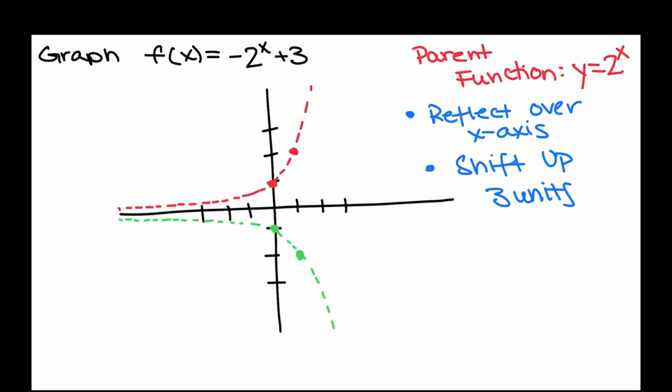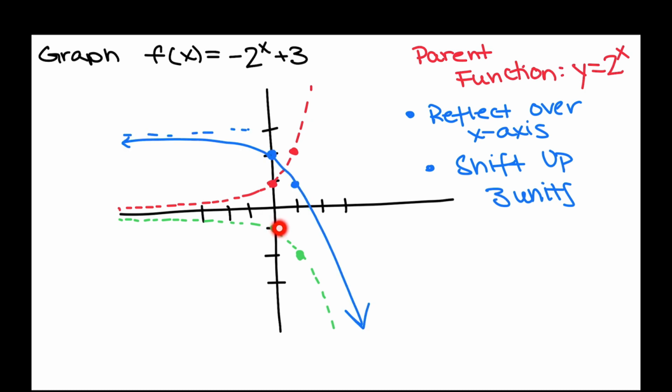So I'll do my reflection first. I take this graph in red and I just flip it over the x-axis. That makes all those y values negative. So the y-intercept, which was at 0, 1, is now at 0, negative 1. The point 1, 2 is now at 1, negative 2. And then finally, I'm going to take this reflected graph and I'm going to move it up 3 units.